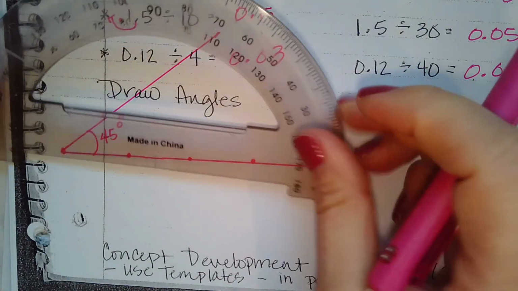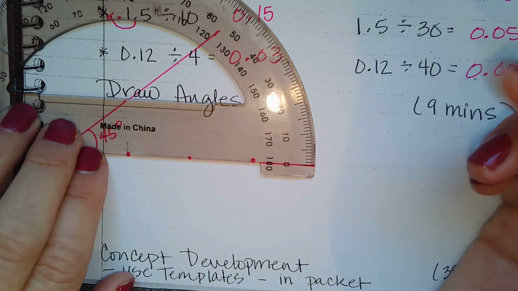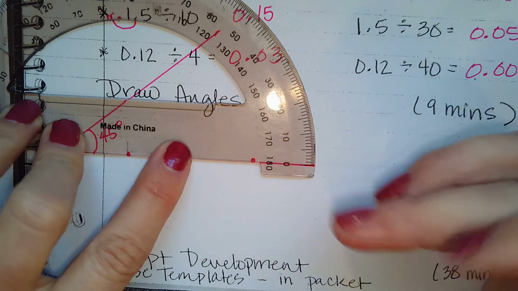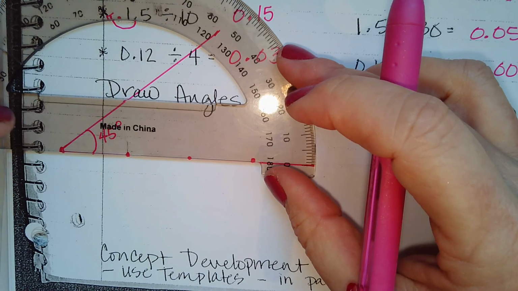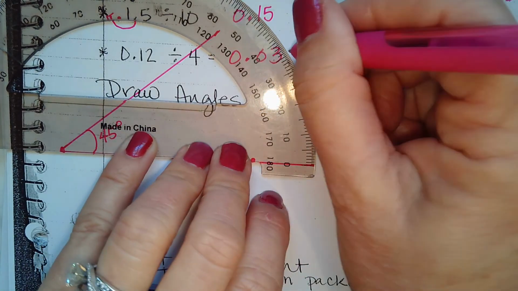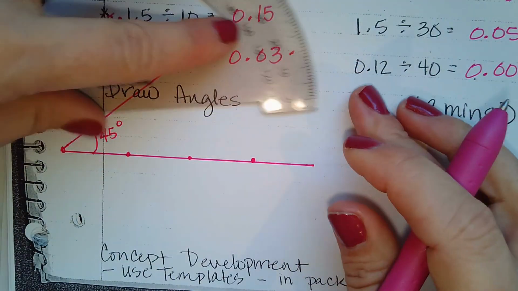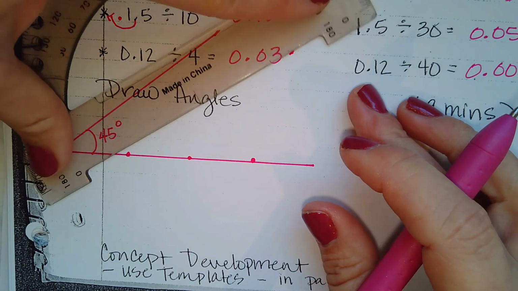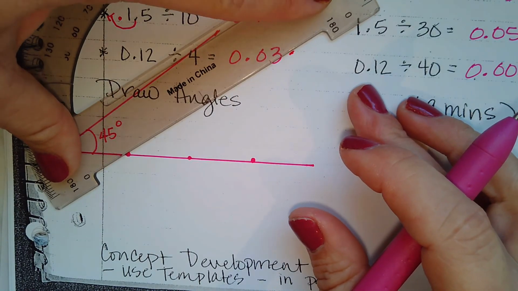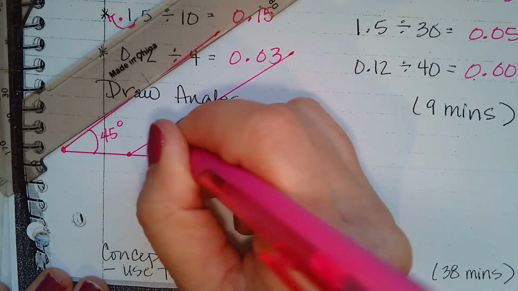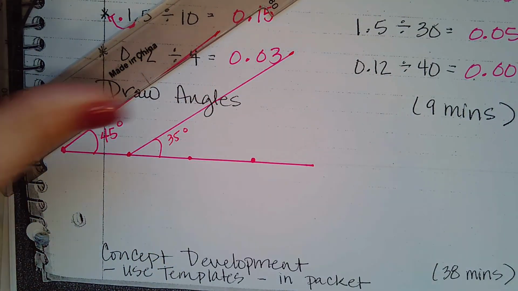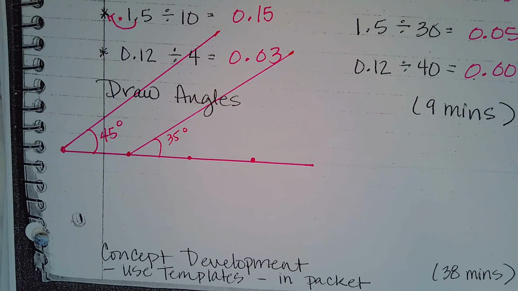Now let's draw a 35-degree angle. Here's 35 degrees. What do you think we should go to next?